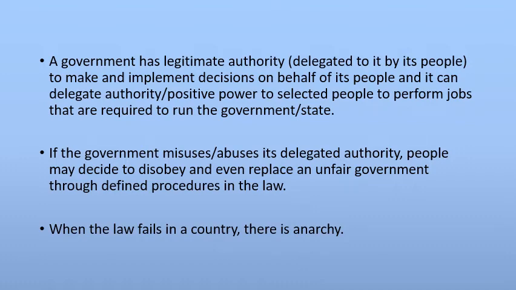Whenever the law fails in a country, the result is anarchy. So every country needs to follow the authority which is defined in the procedure, and the people are supposed to follow it in a prescribed manner.